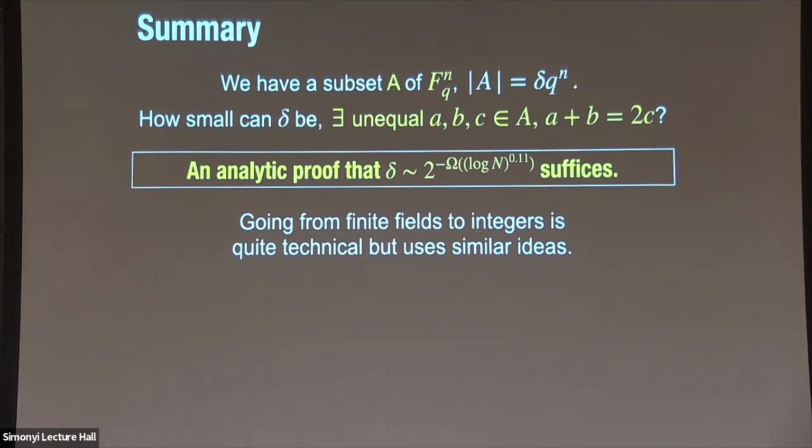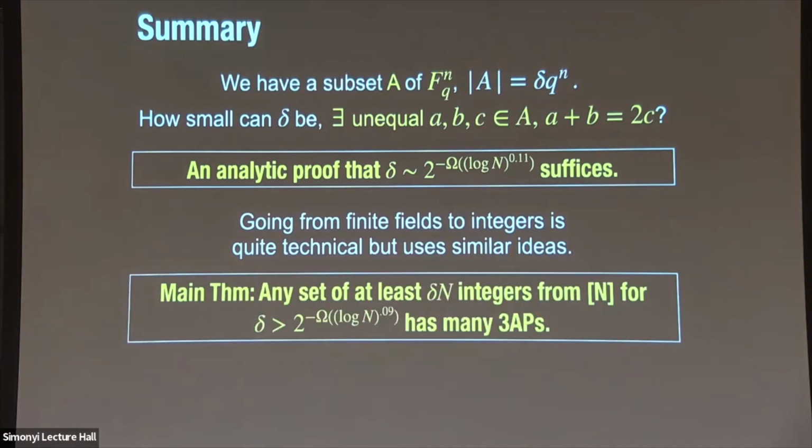And going from finite fields to integers, the argument that I presented is quite technical, but it also has all of the ingredients. You still do sifting, you still do spectral positivity, and so on. Our original proof was actually a bit more complicated, but Bloom and Sisask, as I said, simplified it by using Bohr sets more directly.